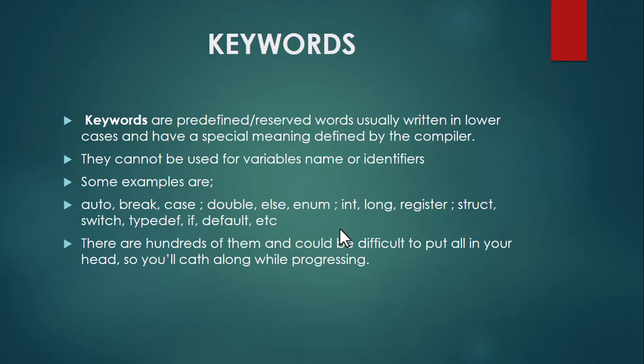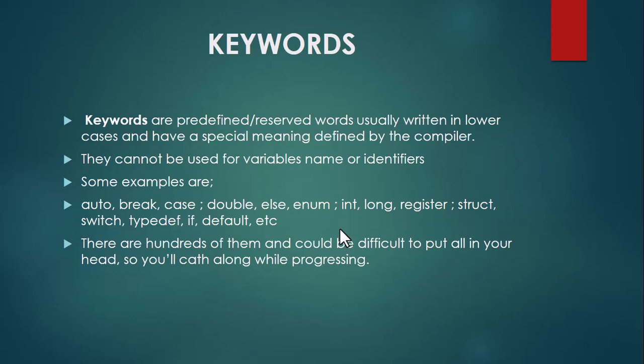They are normal words that we know, but they are already predefined, so you cannot use them for doing any other thing. They cannot be used for variable names or identifiers, because they already have their special job in the program, so you cannot give them any other thing to do.